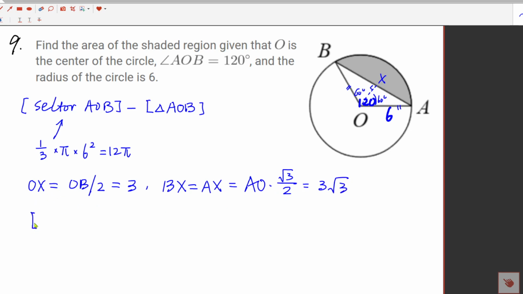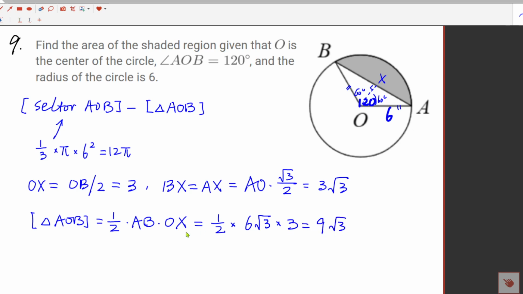Hence, we have the area of triangle AOB equals 1 over 2 times AB times OX, and this gives us 1 over 2 times 6 square root 3 times 3, which is 9 square root 3, right?